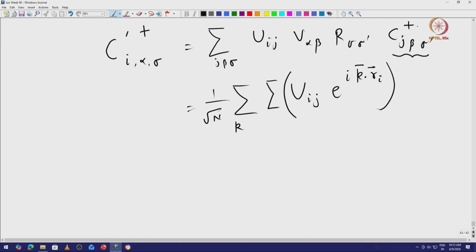So, I can actually split all the Fourier transformation this way. And then you will have beta and sigma.